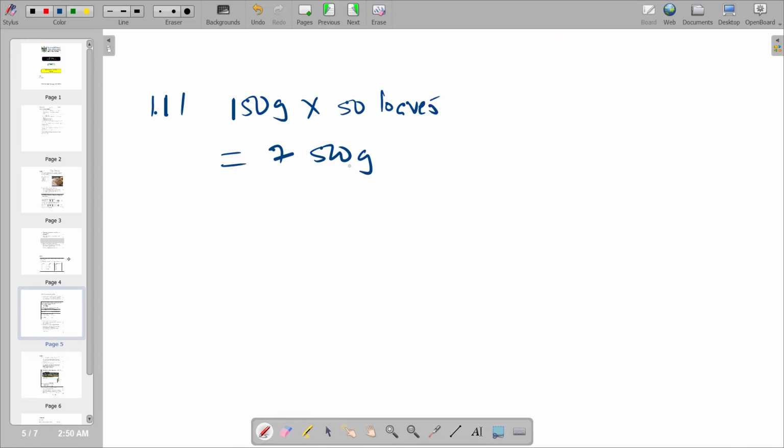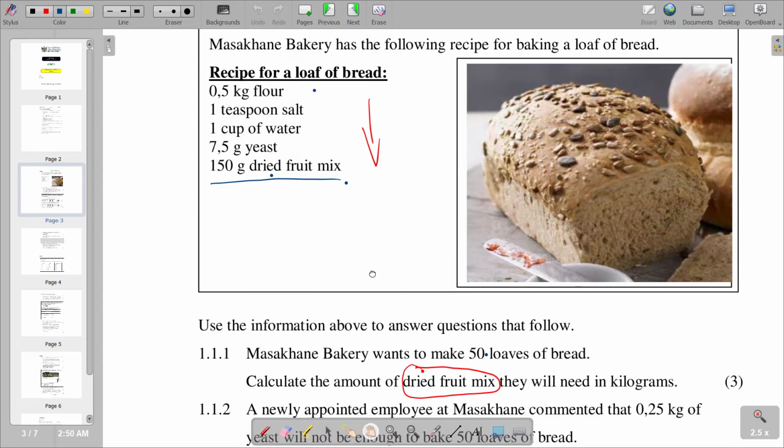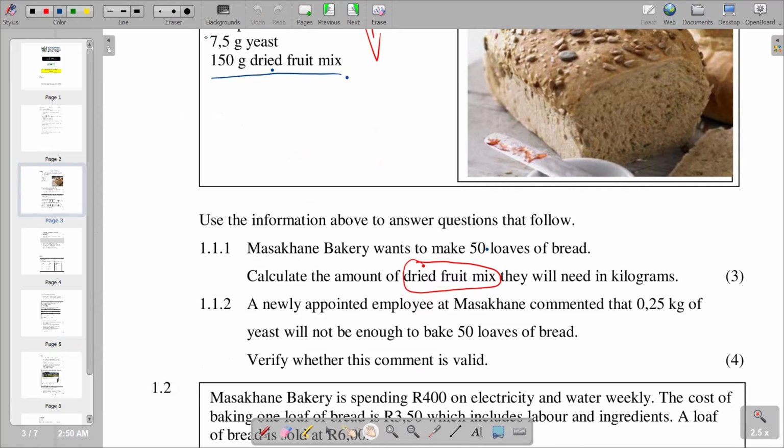So this is a representation of 50 loaves. But if you refer back to the question, it is saying, calculate the amount of dried fruit mix they will need in kilograms. So we have to express it in kilograms, but our answer is in grams.